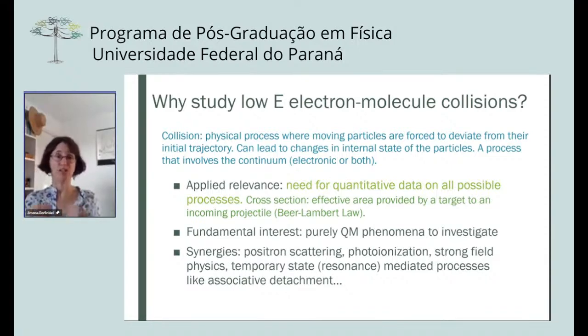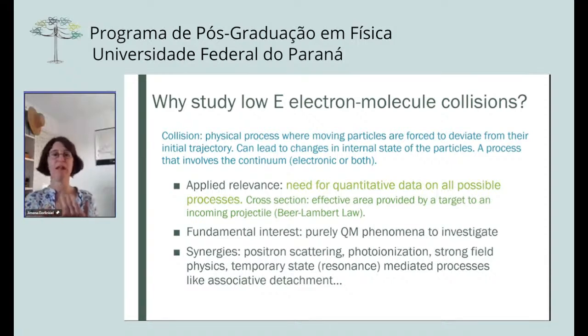Now, these collision processes not only have applied relevance, but they're also of fundamental interest. The purely quantum mechanical phenomena at this low energy, that I will define in a moment, are interesting to investigate. And finally, there are synergies in the sense that if you develop methodology and software, which is what I do to study electron-molecule collisions, these tools can be adapted to study, for example, positron scattering.